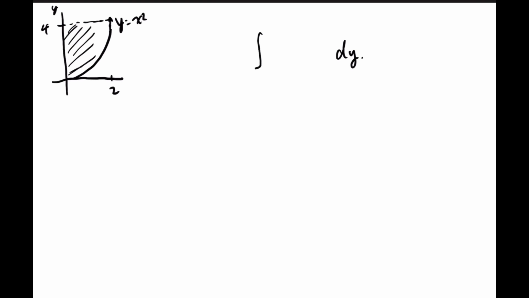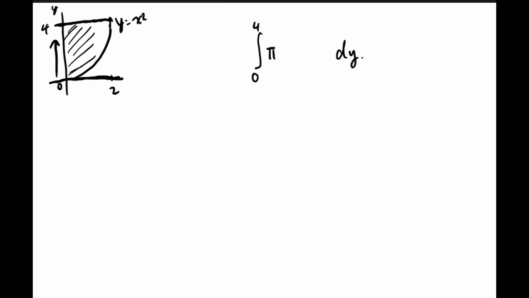But we need to reset the bounds, and we also need to reset the integrand to be functions of y. So we want to integrate from y is equal to 0, this line, to y is equal to 4, which is this line, right? So your direction of integration is along the y-axis. Integral from 0 to 4, pi.